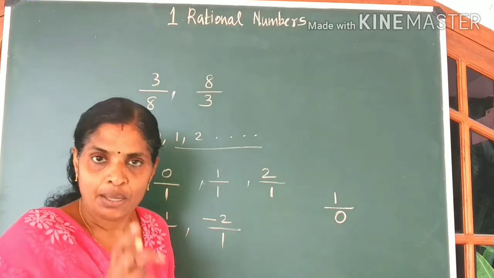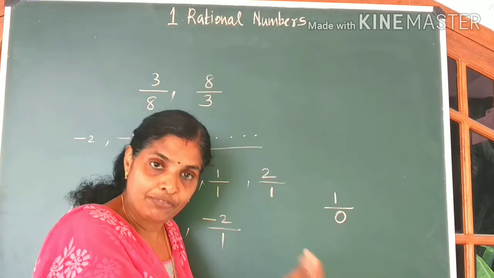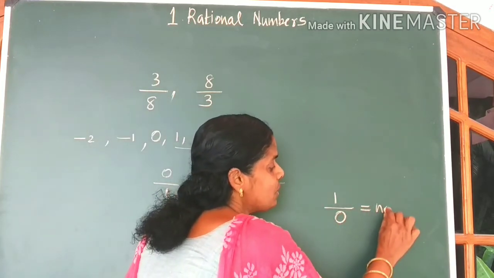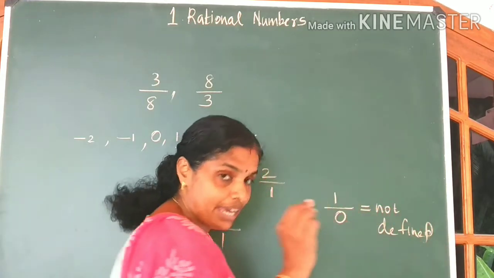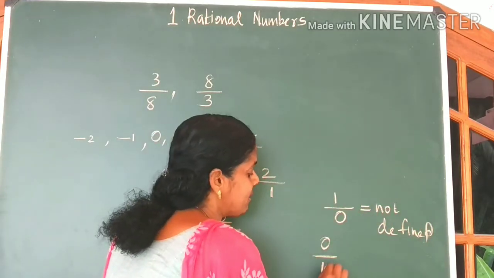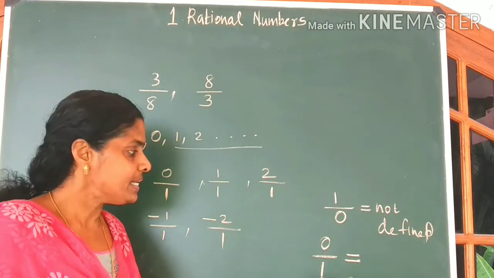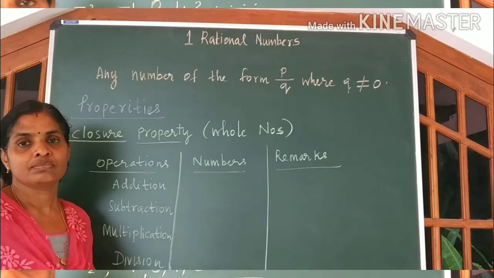Do you understand? Because 1 by 0 is not defined. Whereas 0 by 1 can be called a rational number. It is because the denominator is not equal to 0.